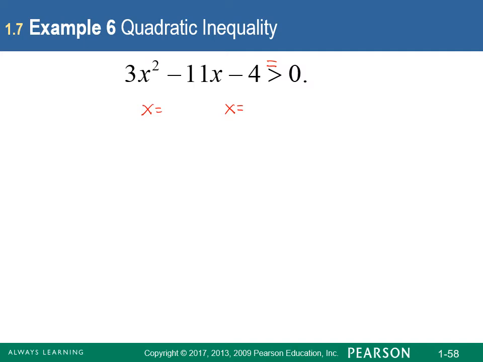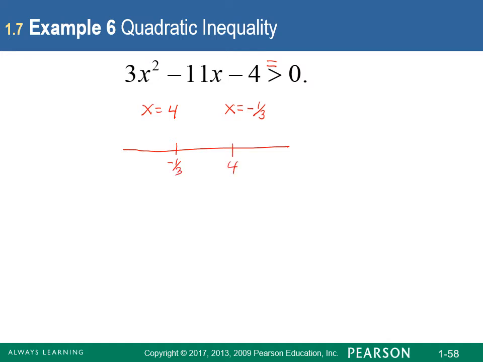Now, as I mentioned, you could do this using the quad program on your calculator if you have such a thing. However, I come up with a 4 and a negative 1/3. The rest of the problem is what I really need to show you anyway. Here's the number line. Here's negative 1/3 and 4.